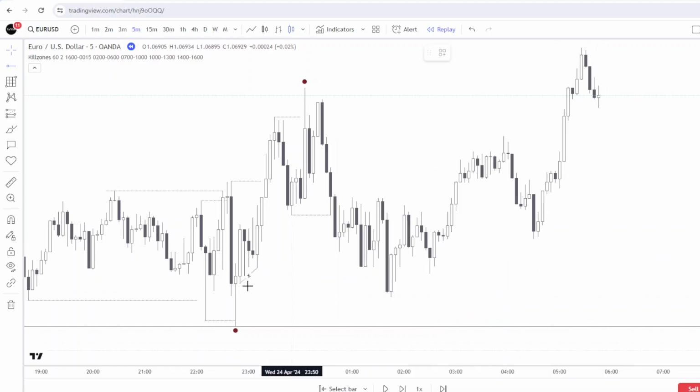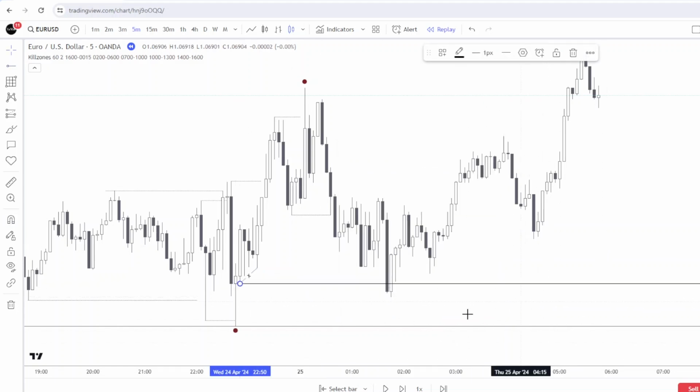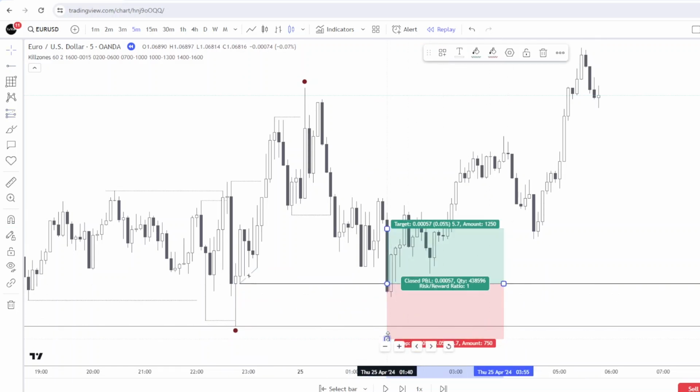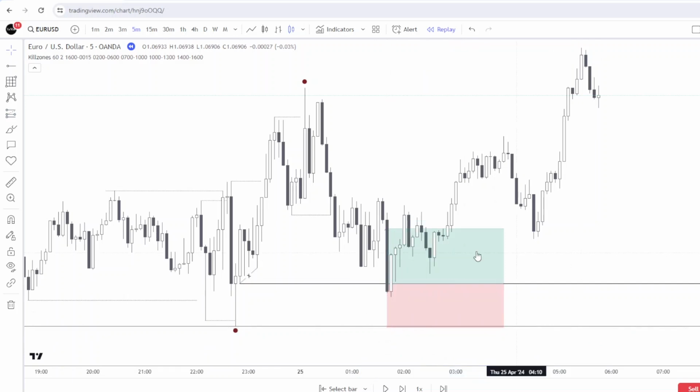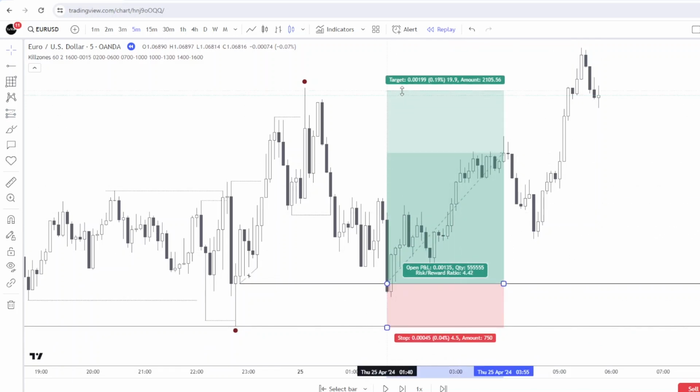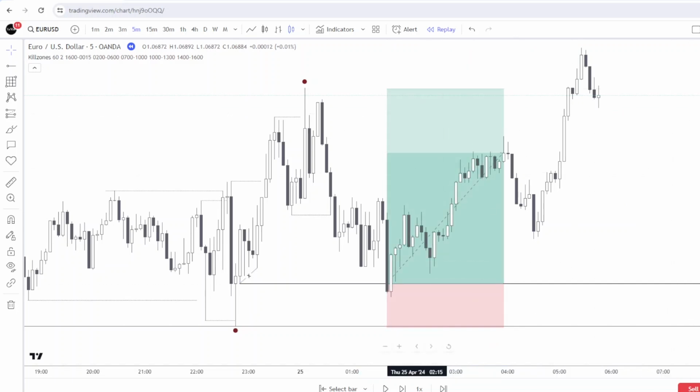Then we have our unmitigated wick right there. Then the entry was right on that level. Stop loss was 4.5 and target profit was external range liquidity of the range.